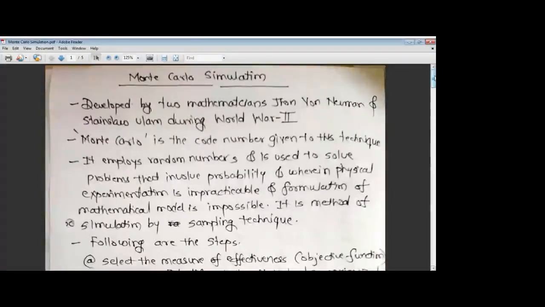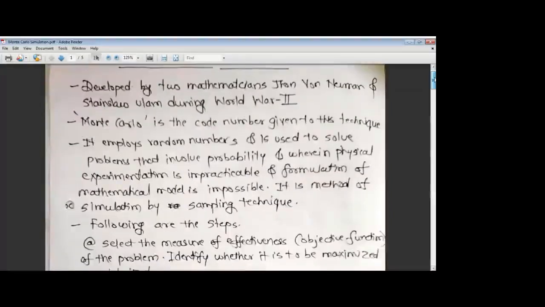The two mathematicians, John von Neumann and Stanislaw Ulam, particularly named this simulation technique Monte Carlo, or they gave this code name to this technique. This technique was developed by these two mathematicians during World War II.